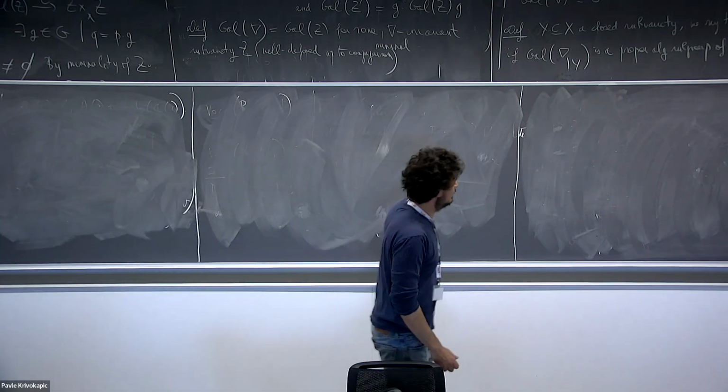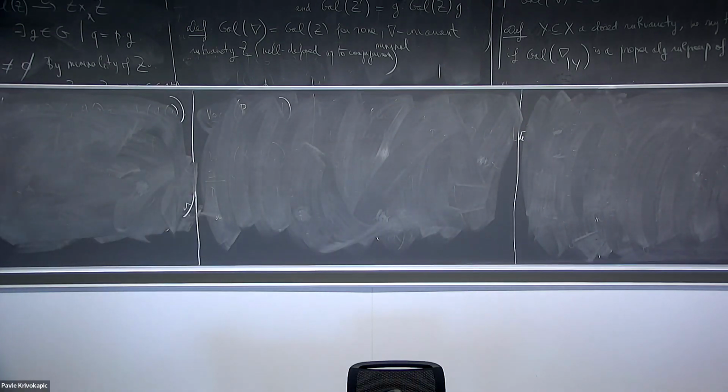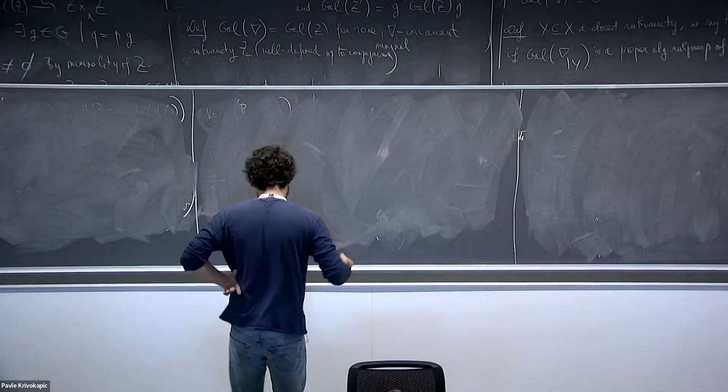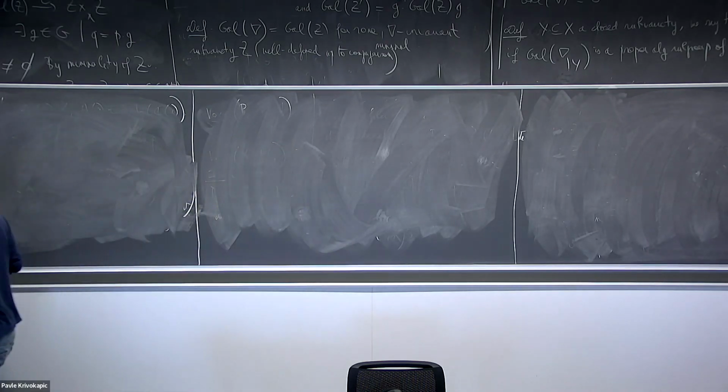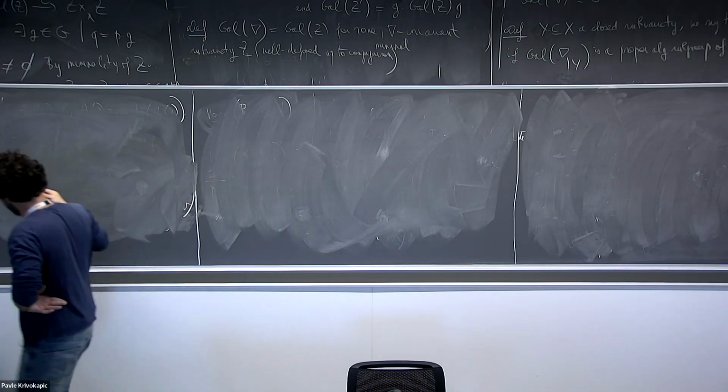So for example, let's try to give an example. I think this is correct. If you take Gm times Gm, you want to check for the exponential.